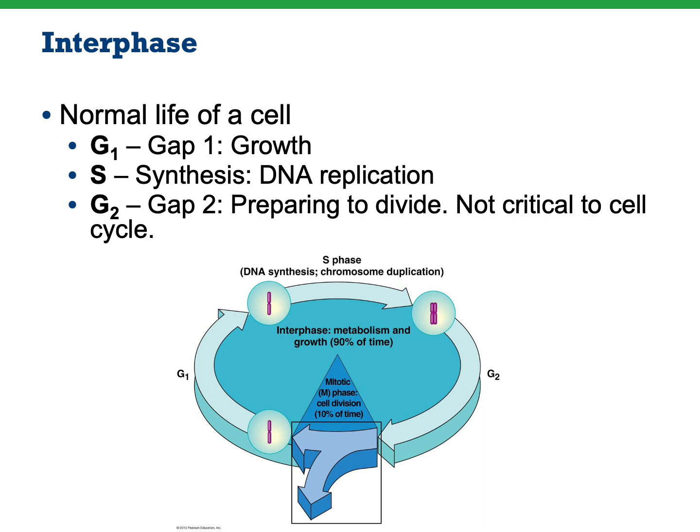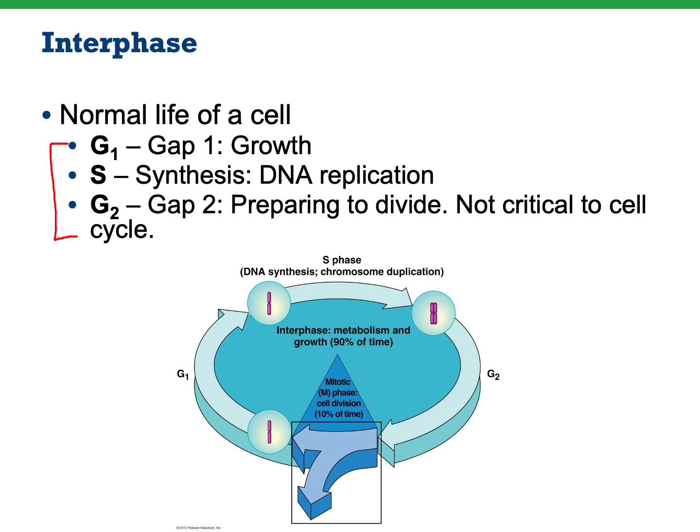Interphase can also be divided into three subphases shown here. Remember that cells spend most of their life in interphase, about 90%. In G1 phase or gap1 phase, the cell grows.